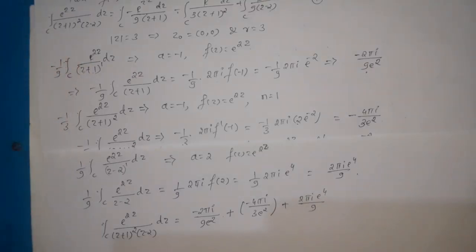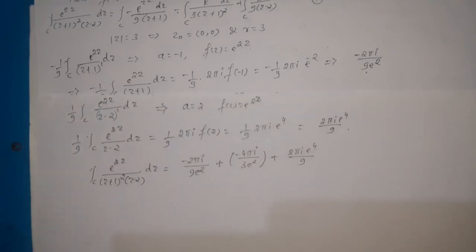So this is the value of the given integral, integration over C e power 2z divided by (z plus 1) whole square into (z minus 2) dz.